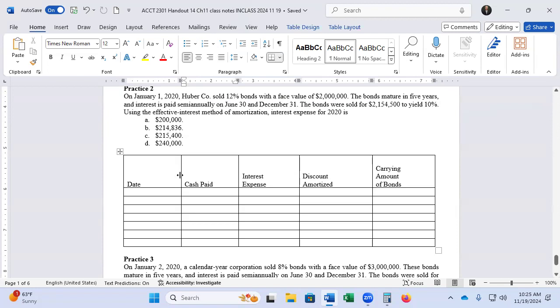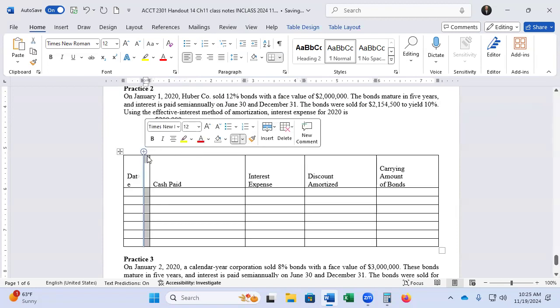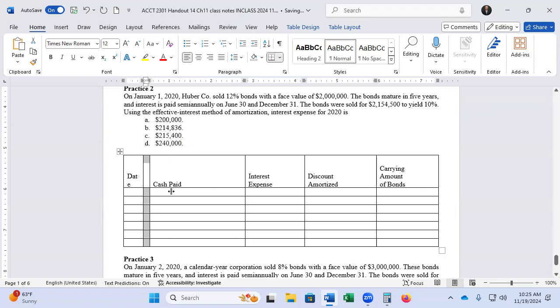By the way, if you want to make this one look exactly like the other one, you just put another column in here and just call it carrying amount at beginning of year.